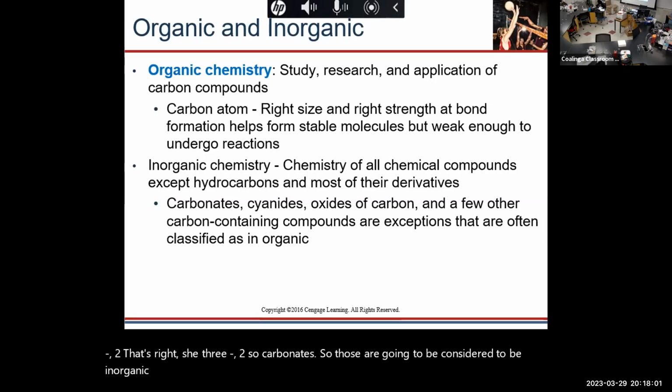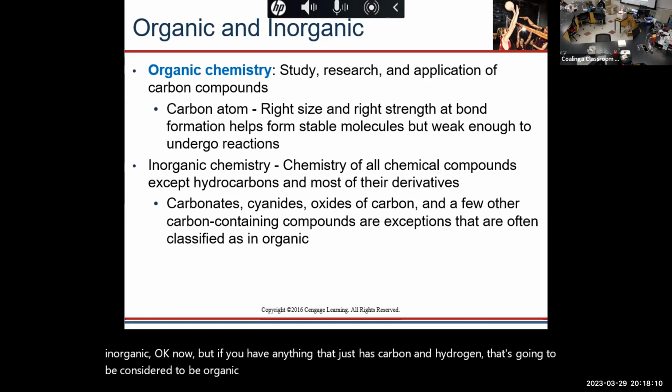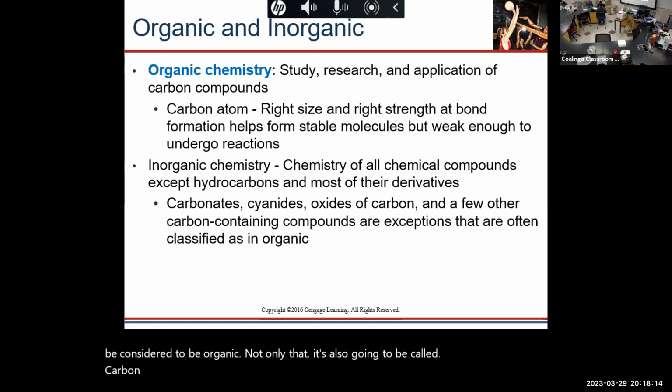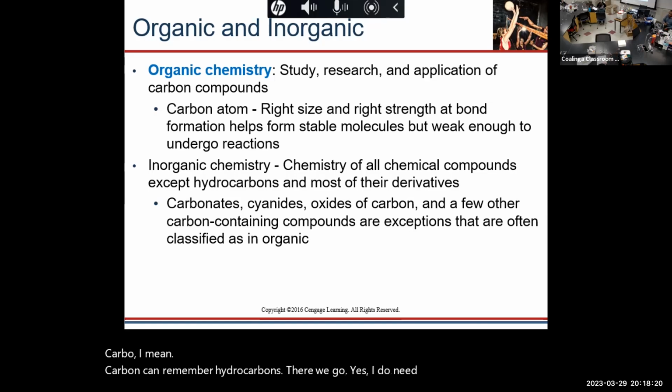Now, if you have anything that just has carbon and hydrogen, that's going to be considered organic. Not only that, it's also going to be called hydrocarbons. I can't remember the word, it's one of those days.